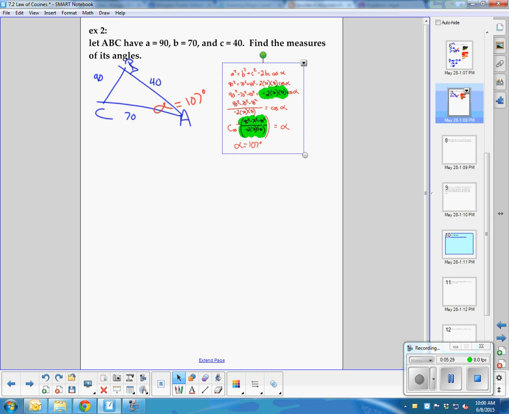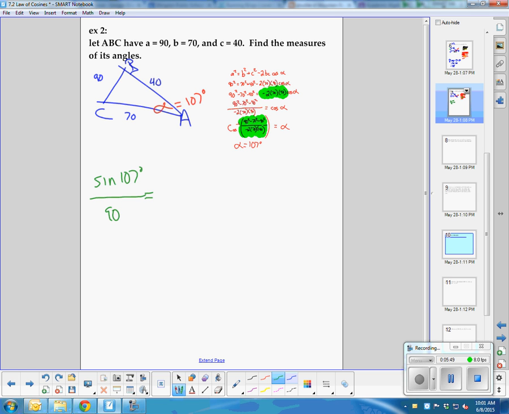I'm going to use the law of sines because it's easier, a little less work, and I've already dealt with my obtuse angle, so I should be able to avoid the ambiguous case. So I'm going to say sine of 107 degrees over 90 is equal to, and it doesn't matter what I choose here, sine of gamma over 40.